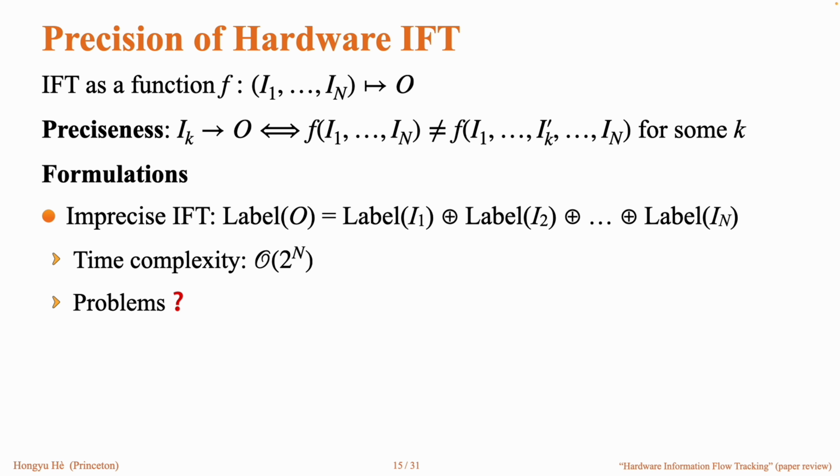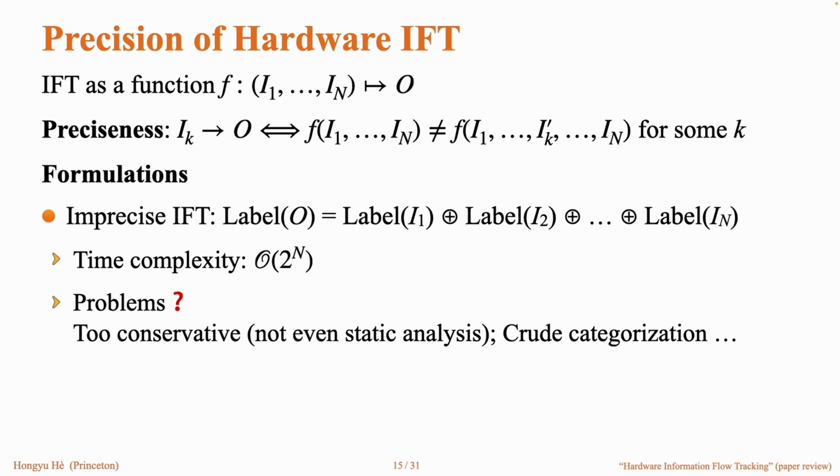I also found some other problems because I felt that this analysis was even simpler than what we discussed in the lecture, like the static analysis, right? Because we are not taking into account even the structure or context at all. The static or imprecise analysis here takes into account only the labels.